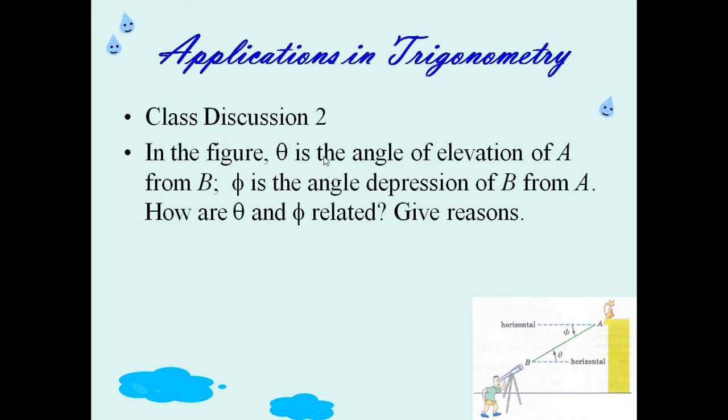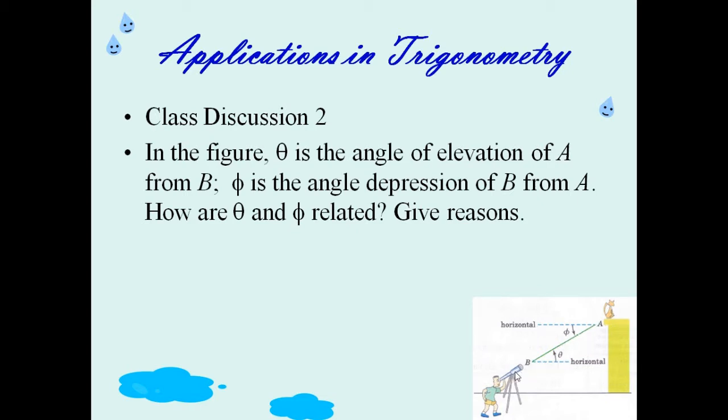In the figure, we see that theta is the angle of elevation of A from B, and the angle phi here is the angle of depression of B from A. How are theta and phi related? Give the reasons. You see there are two horizontal lines.